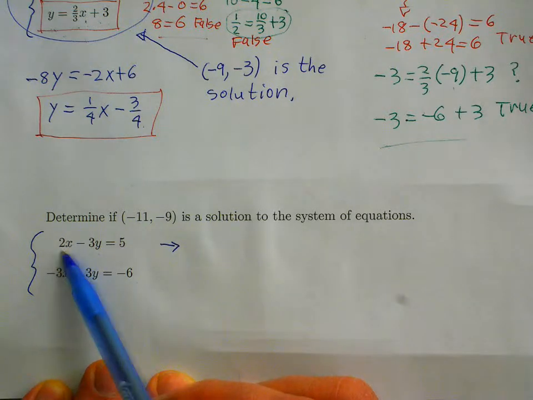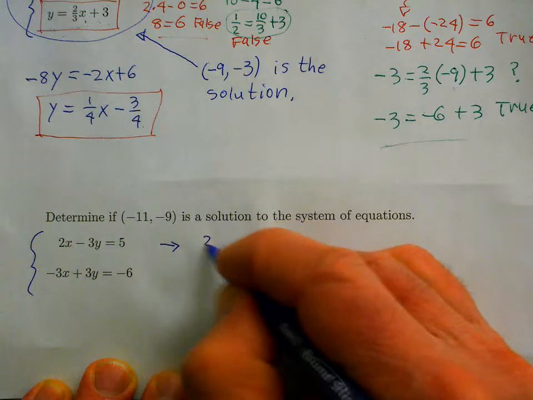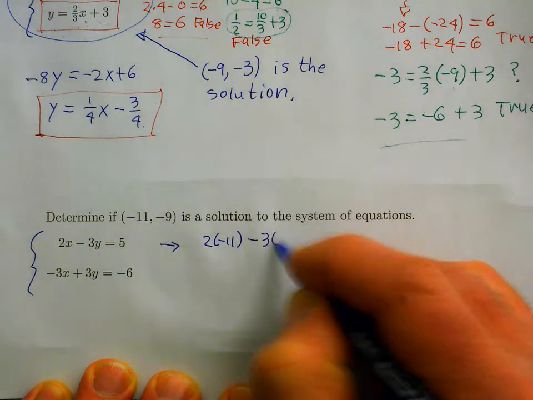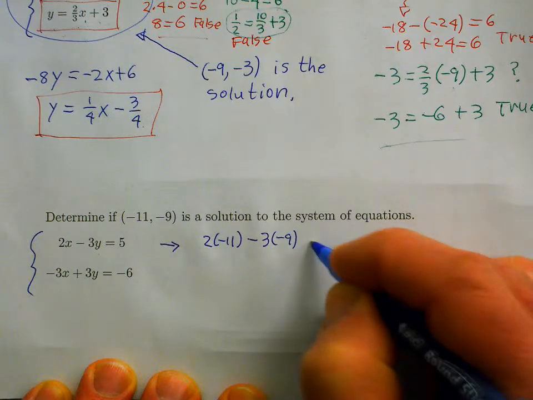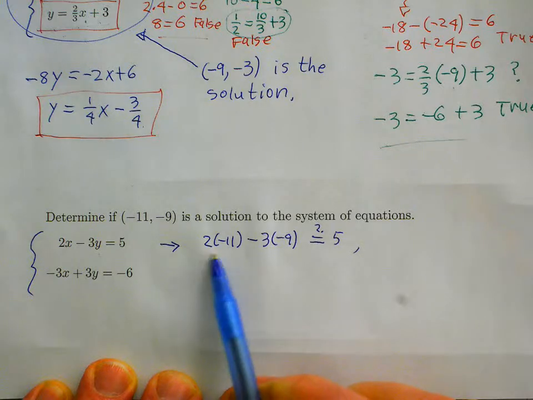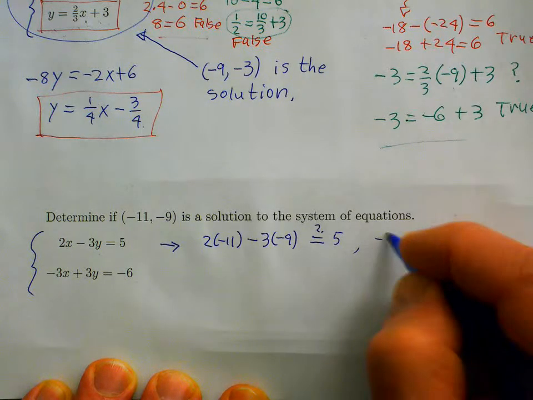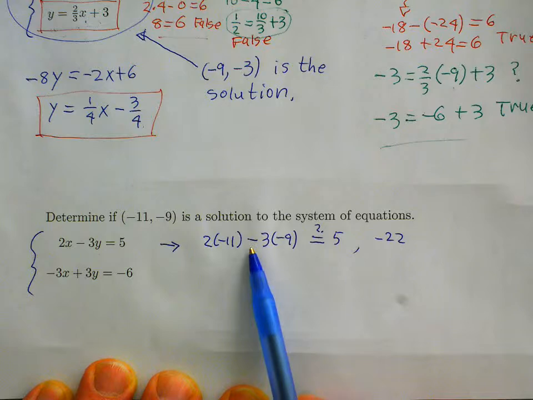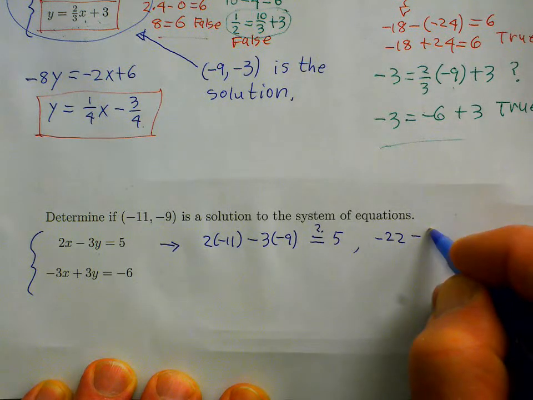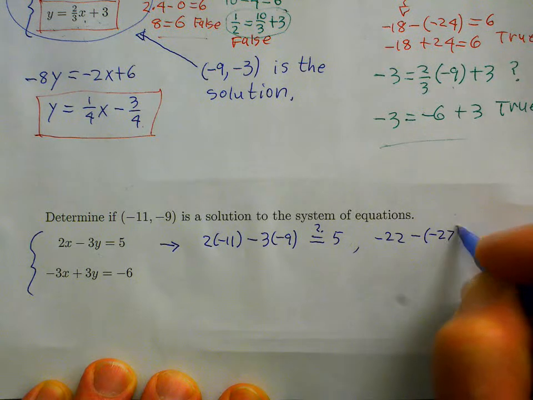So replace x with negative 11. We have 2 times negative 11 minus 3 times negative 9. We want to know if that equals 5. 2 times negative 11 is negative 22. And then we're subtracting 3 times negative 9, so minus negative 27.